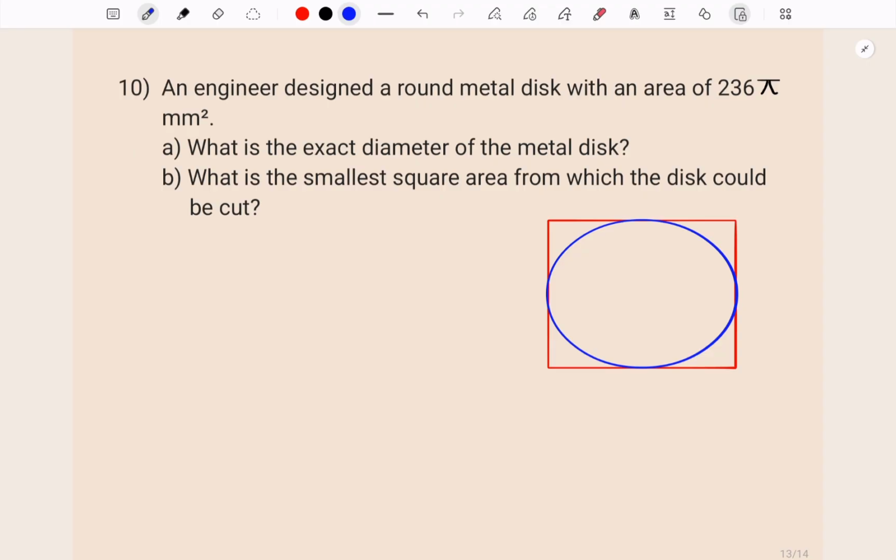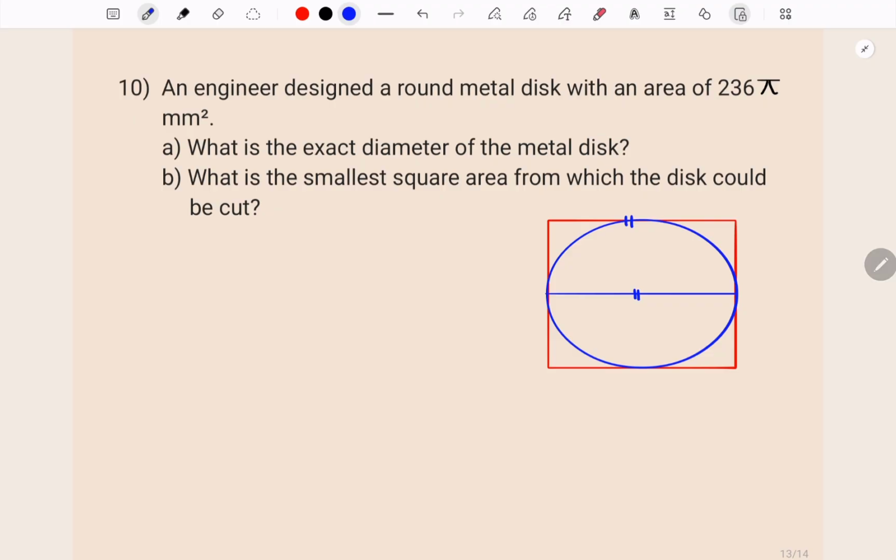The key idea is the smallest square that can contain a circle has its side equal to the diameter. So let me draw the diameter of the circle. Okay, so this is the diameter of the circle, and from the figure you can see that this diameter is equal to the length of the square.